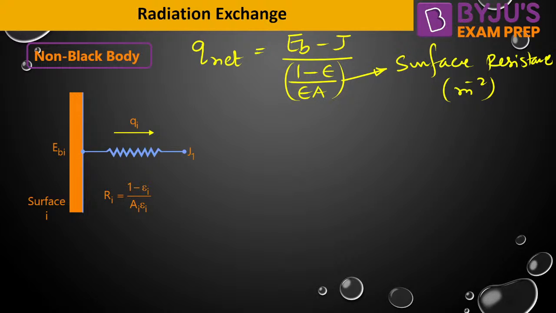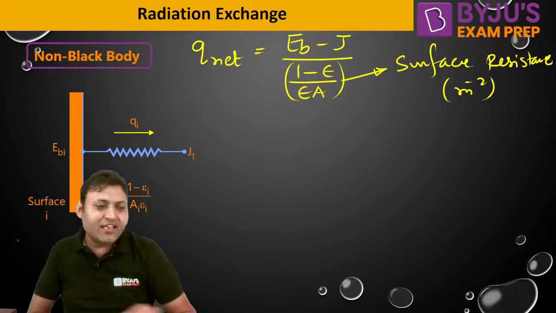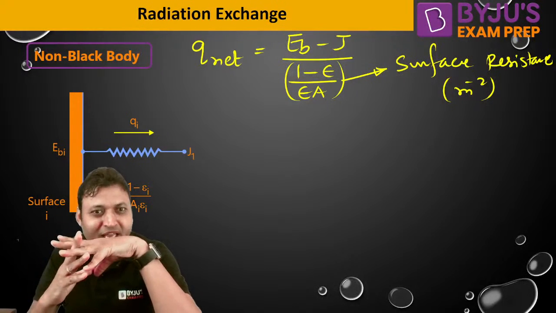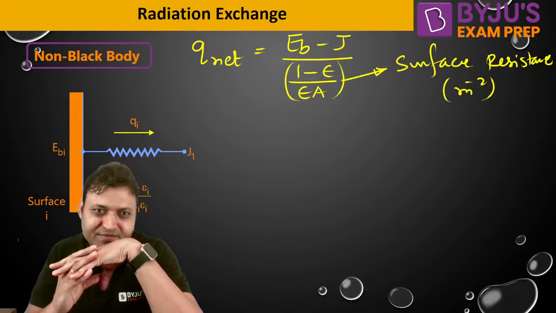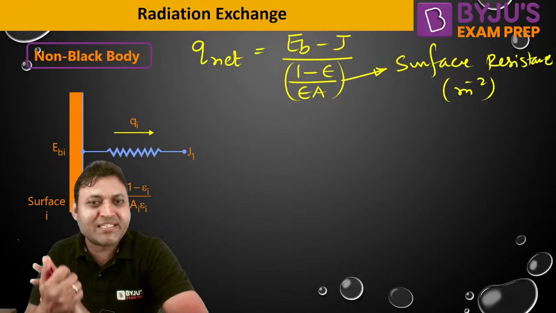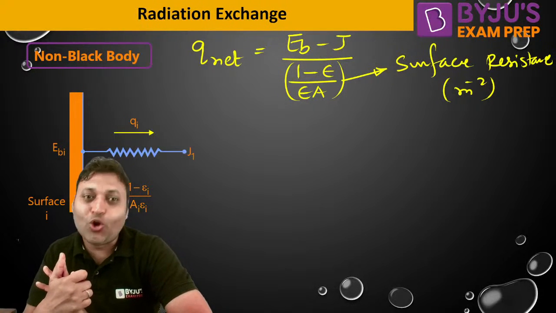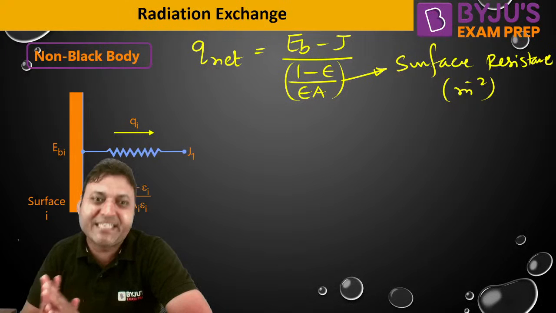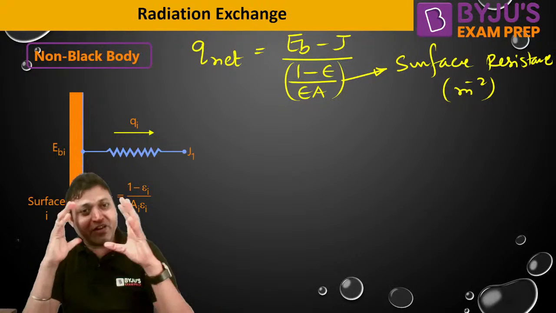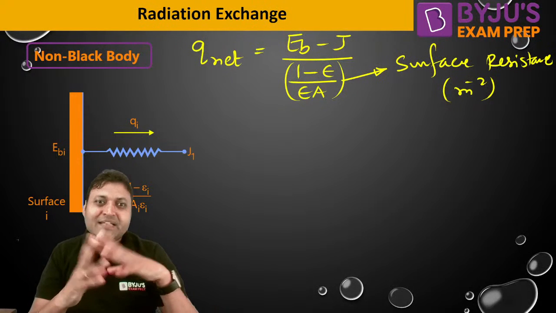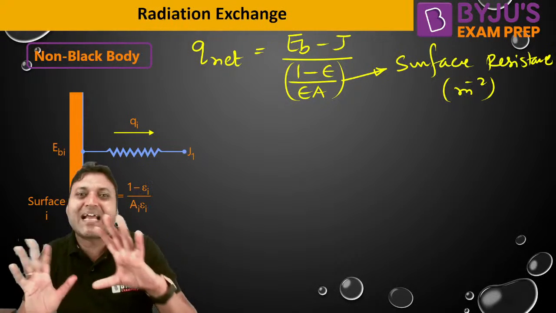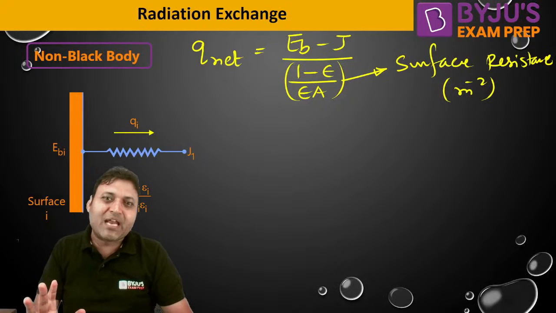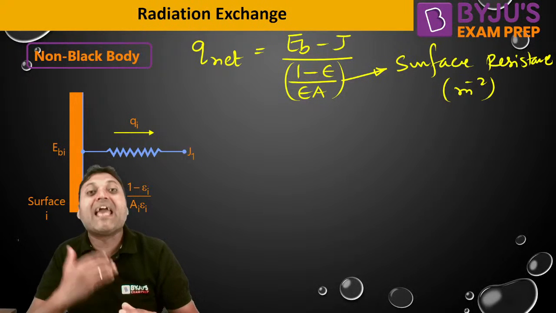So what is the physical significance? If there is a black body, the potential of the black body surface is EB. But if it is a non-black surface, then the potential will be J, that is the radiosity. So the non-black body can be treated as a black body with a cover.